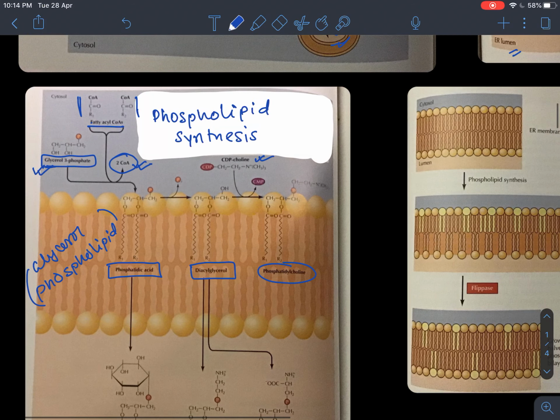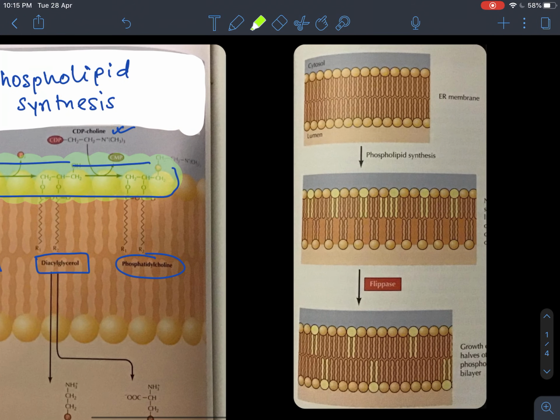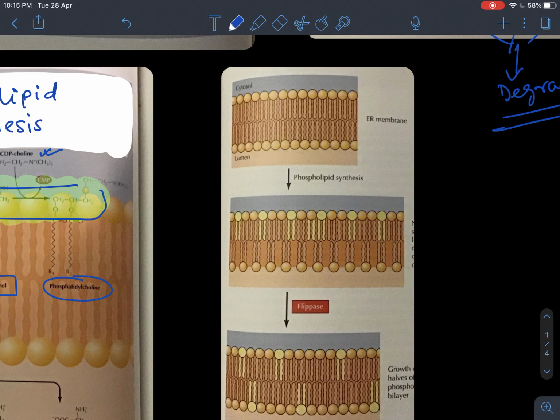But if you can see over here, every time the glycerol part or the fatty acid part is joining, it is joining on the outer phase, that means at the cytosolic phase of the endoplasmic reticulum membrane. This shouldn't be done because if this continues, then there will be no membrane bilayer equilibrium; it will be destroyed. So we have another protein which we call flippase.